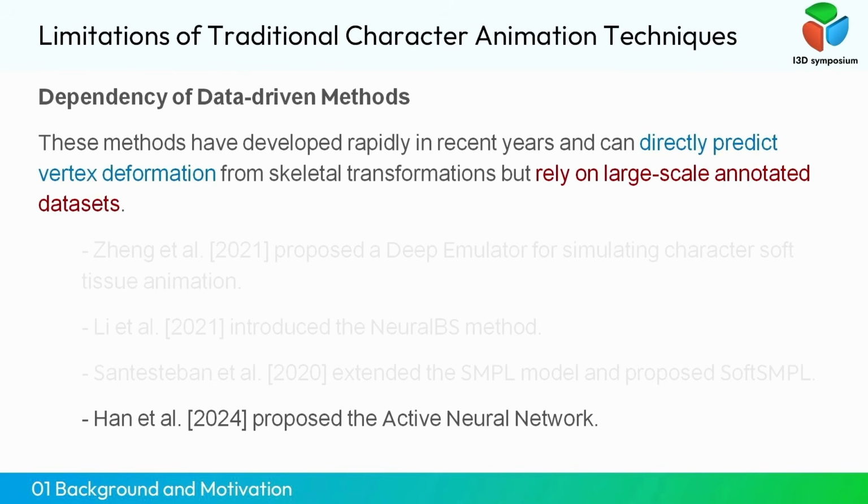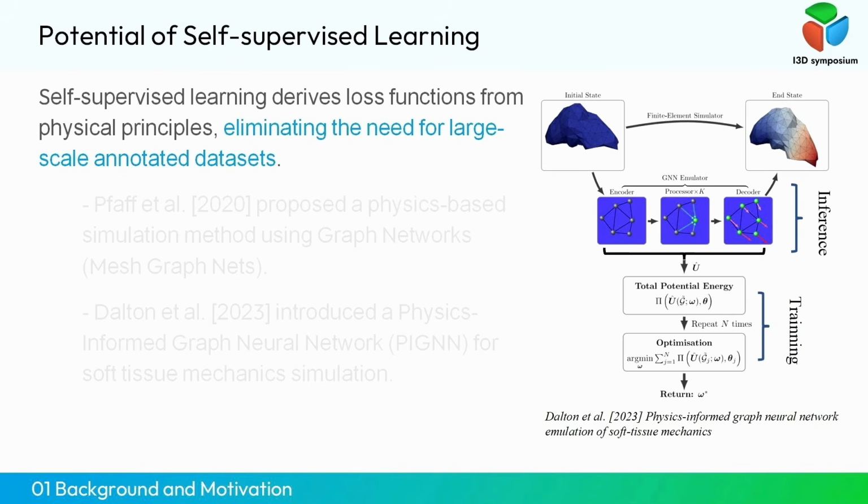Han et al. 2024 proposed the Active Neural Network, ANN, which learns the relationship between muscle activation signals and skin deformations to reduce the dependence on labeled data but still requires some labeled data. Self-supervised learning derives the loss function from physical principles, eliminating the need for large-scale labeled datasets and reducing the cost of data preparation.